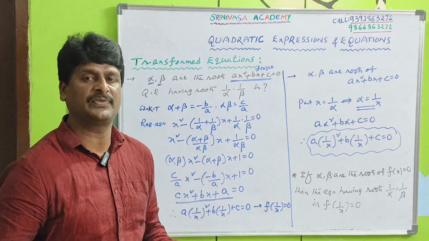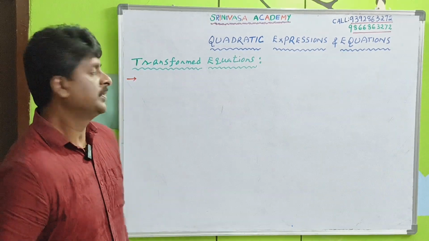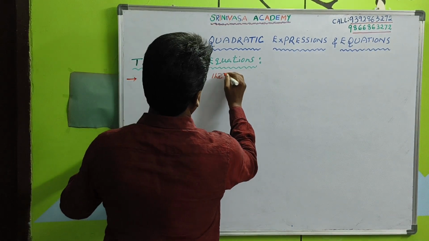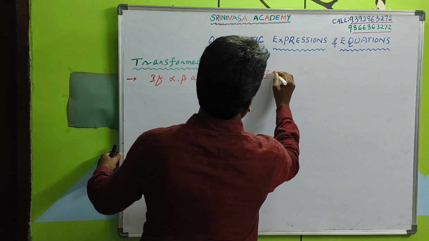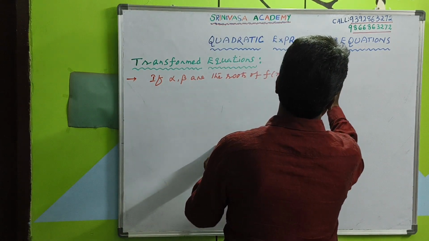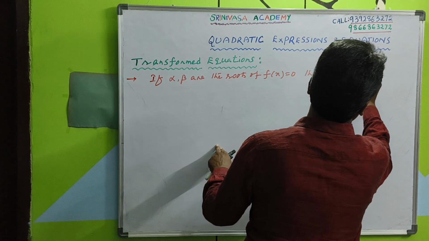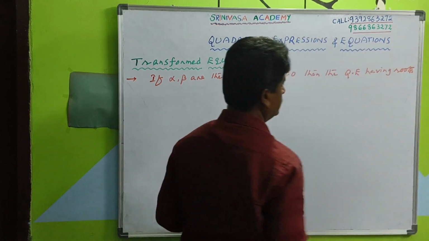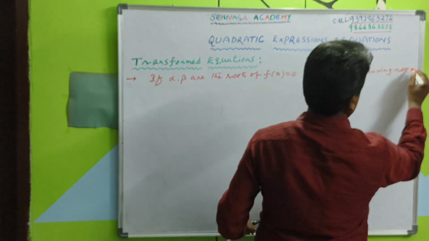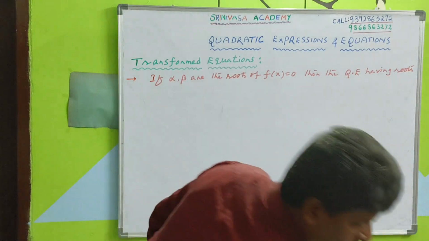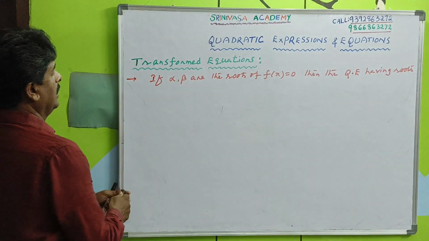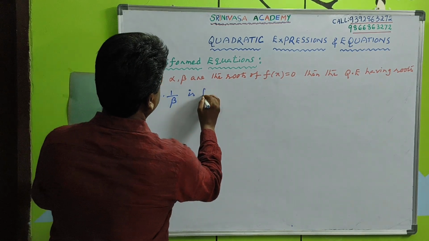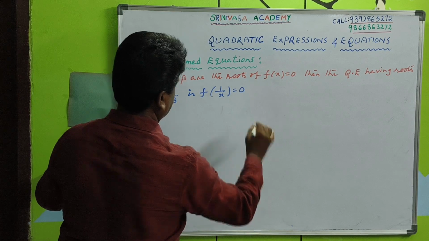So let us see. See, if alpha, beta are the roots of f of x is equals to 0, then the quadratic equation having roots, number 1, 1 by alpha, 1 by beta is, just now we have seen, f of 1 by x is equals to 0.